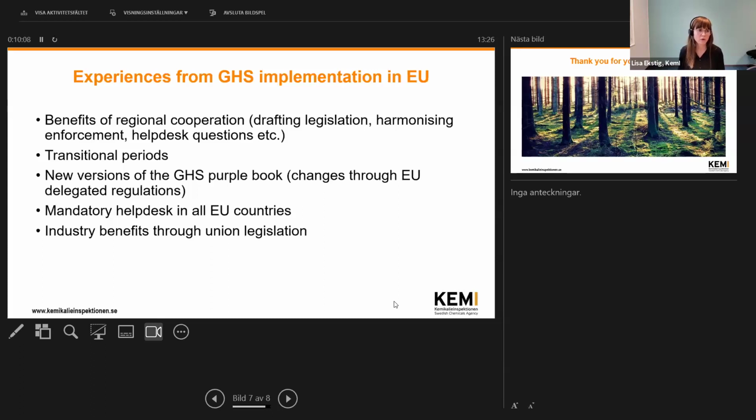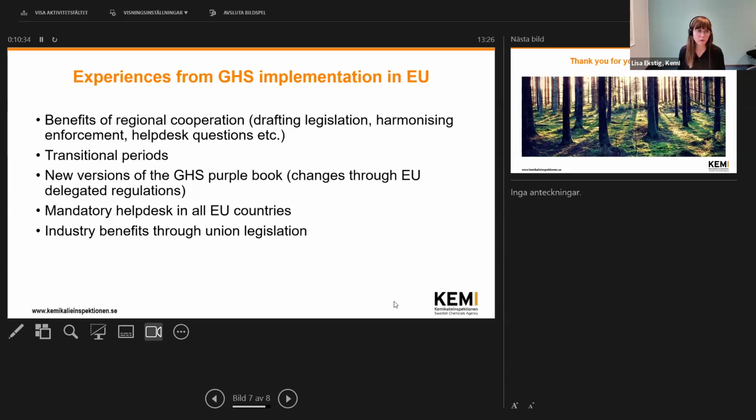We also think it was wise to have long transitional periods in the legislation when implementing the GHS, so that the companies have the time to adjust to this really extensive legislation.